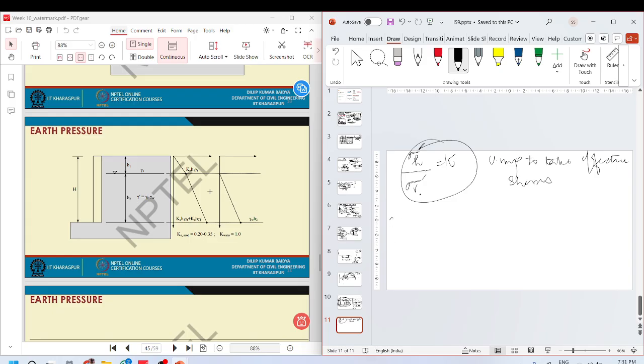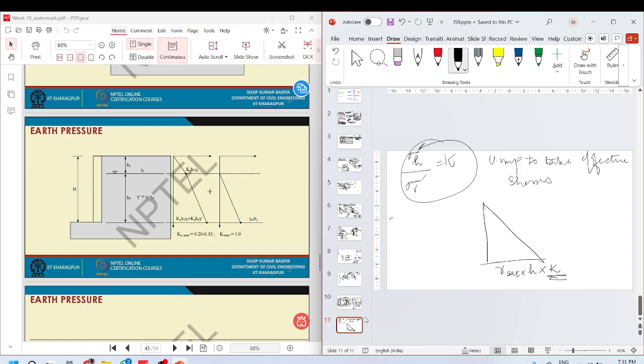Because if you take total stress, if I had taken gamma saturated times H and then multiplied it with K, what I'm basically doing is multiplying this K to the loading from both the soil skeleton as well as the water.